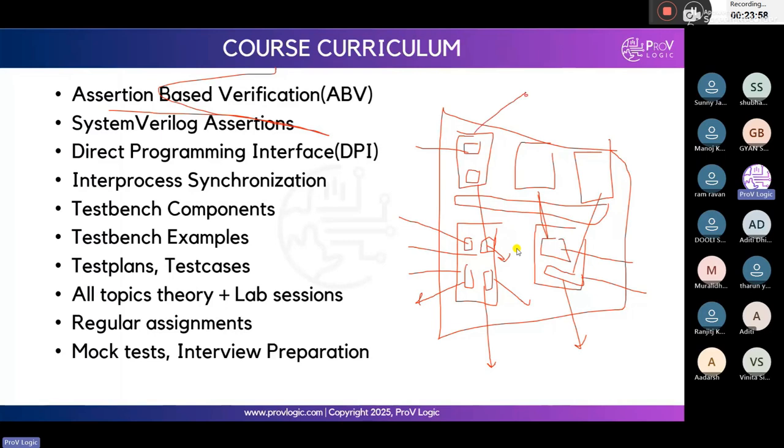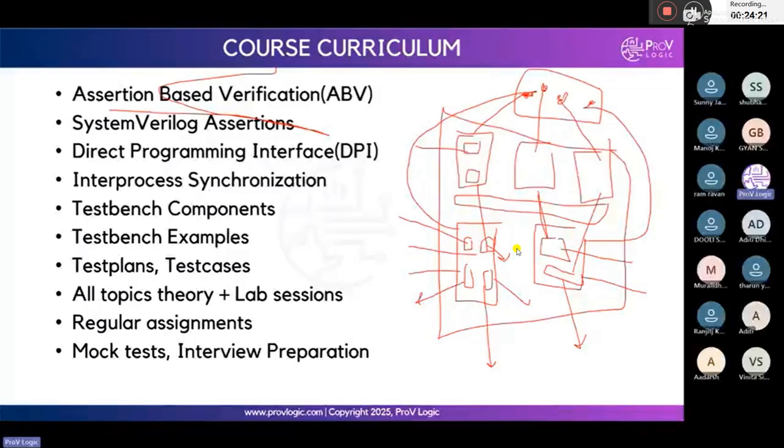Suppose this SoC processor is connected to one debug unit, and here this processor is connected to one debug unit, and here another, and this block is connected to one debug unit, and here another. Why are we connecting all these to the debug units using a cross trigger network? We will discuss these things in more detail at the end of the course, in system on chip design and verification. We will connect all these blocks to the debug unit.